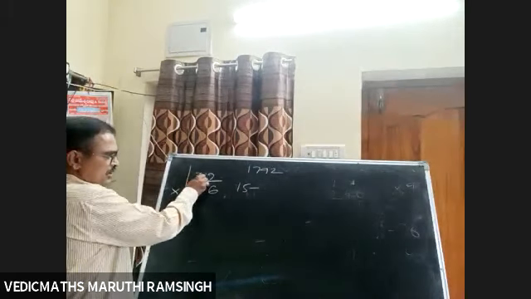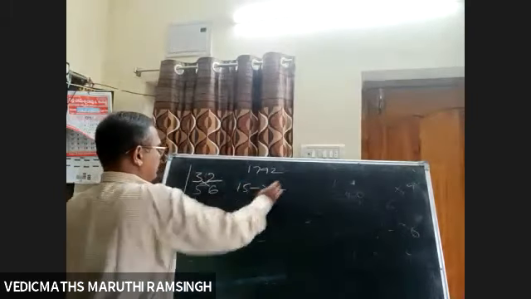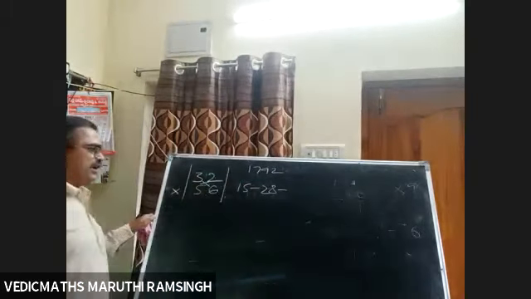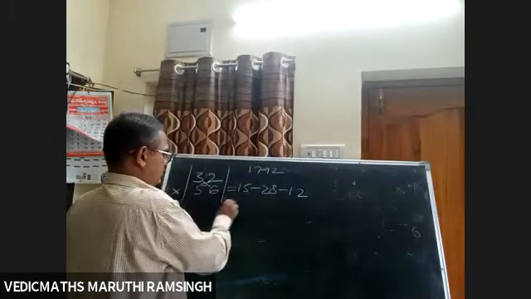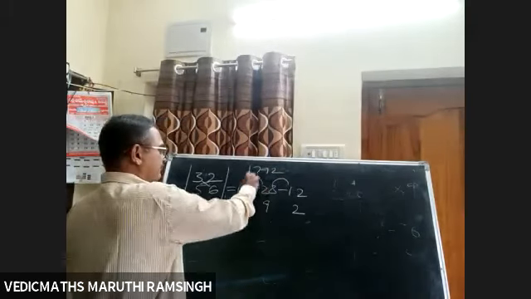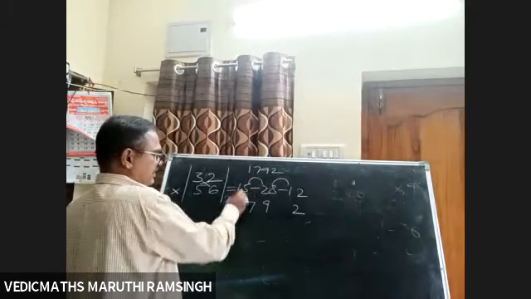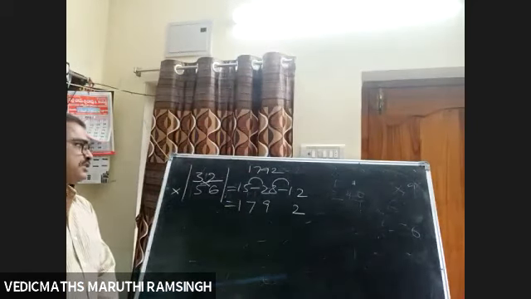Crosswise, 18 plus 10, 28. Right side vertical, 2 6s are 12. 2, 1 plus 8, 9. 2 plus 5, 7 and 1. 1792 is the answer.